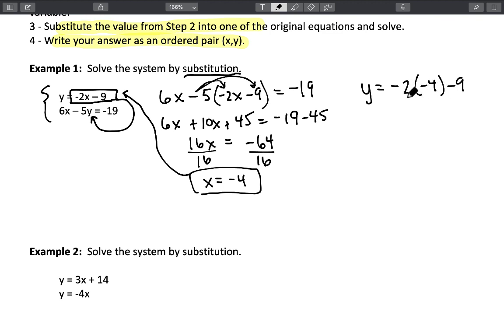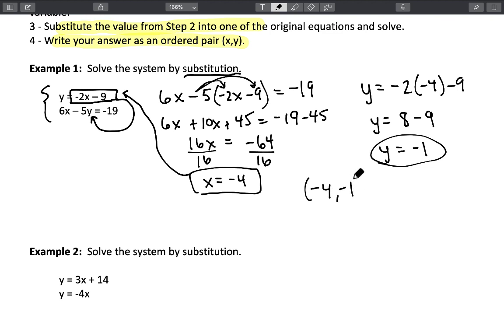We're going to simplify the multiplication first. Negative times a negative is a positive 8, minus 9, and that gives us y equals negative 1. So we've found the ordered pair (x, y), that's (negative 4, negative 1). This is where these two linear equations would cross on the xy plane, and therefore this is the solution to that system of linear equations.